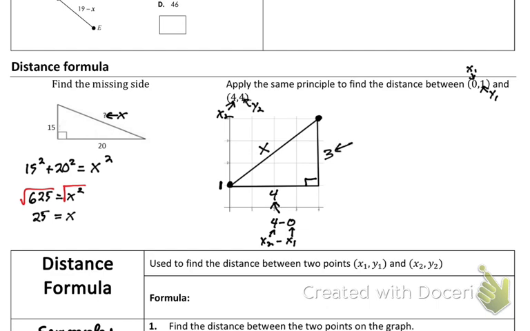So to get this 3, we could just subtract our y values as something minus something, which would be 4 minus 1 would equal that 3, which is our y sub 2 minus y sub 1. I am just showing you this information so you understand why I'm going to start talking about x's and y's in the formula.